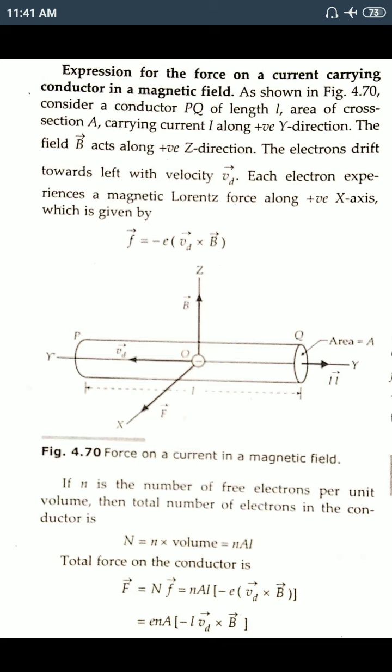Now each electron experiences a Lorentz magnetic force along the positive x-axis.